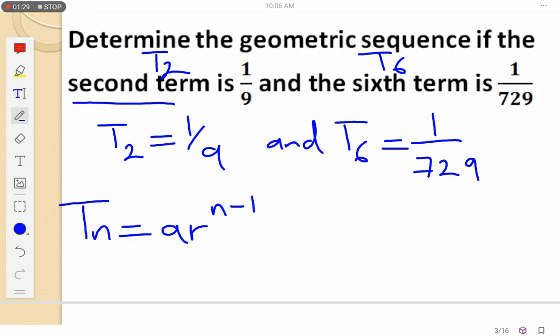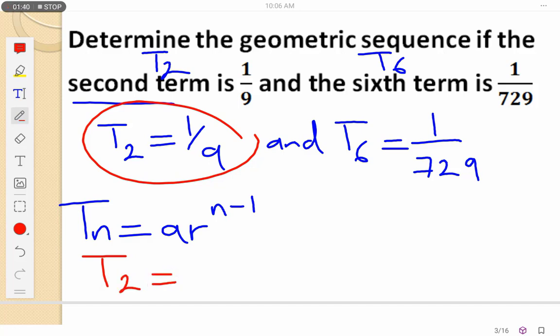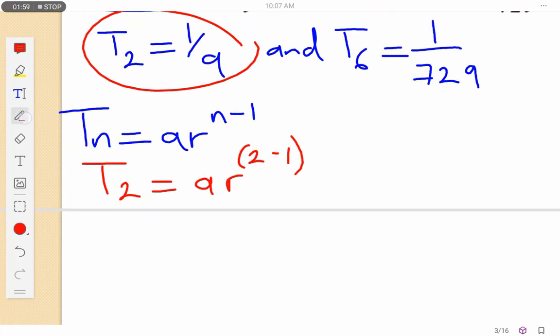For the first one, T2 is equal to a times r to the power of 2 minus 1. Substituting our T2, we know its value is 1 over 9, so we have 1 over 9 is equal to a times r to the power of 1.